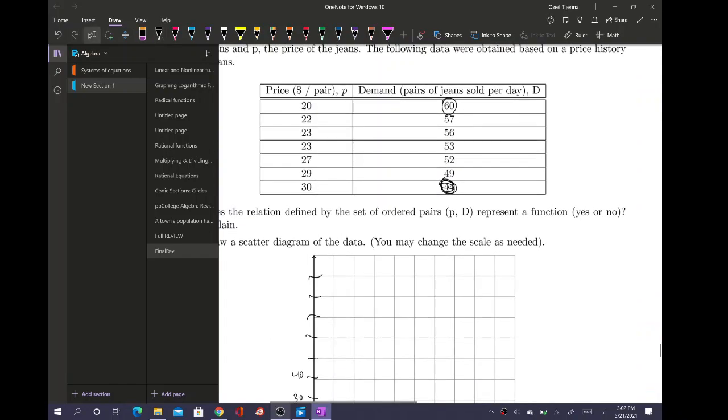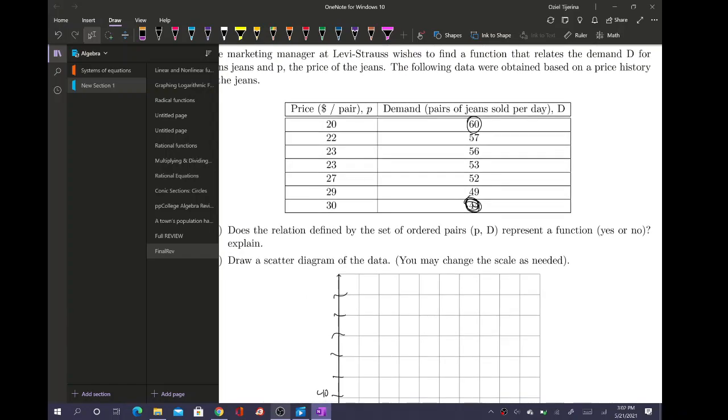Well, actually, we can use a graphing calculator for this. If you plug these numbers into a table on your calculator, you can find the line of best fit by doing whatever it asks you to do.